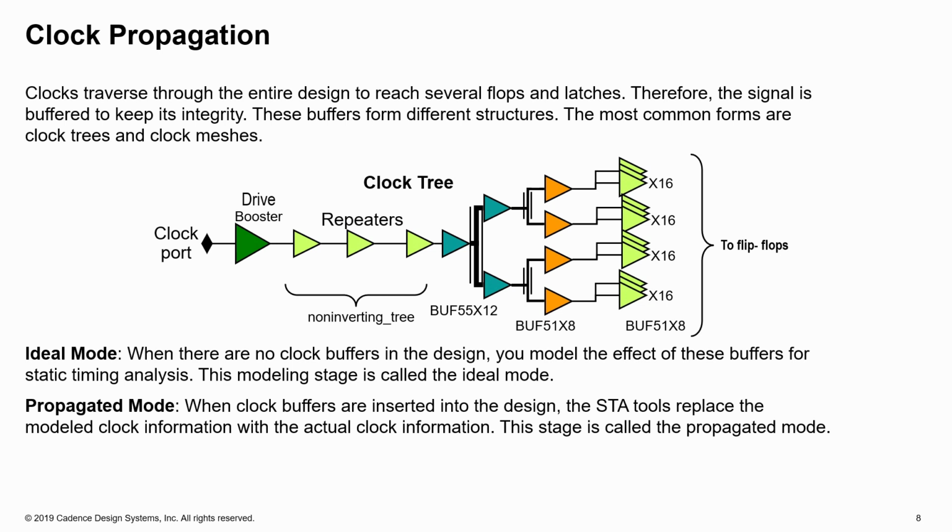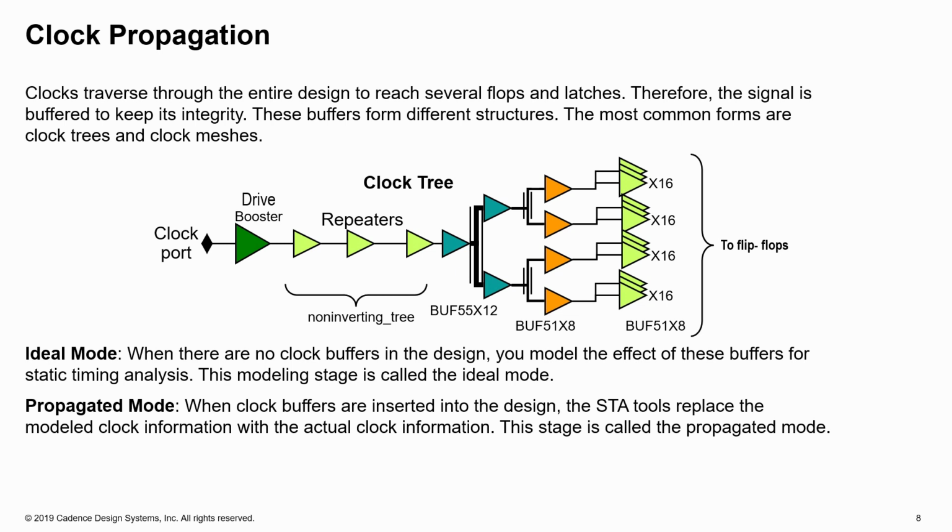These buffers can be in different structures, and the most common forms are known as clock trees or clock meshes. You would see different types of buffers along the clock tree or clock mesh, and generally they're referred to as clock trees.